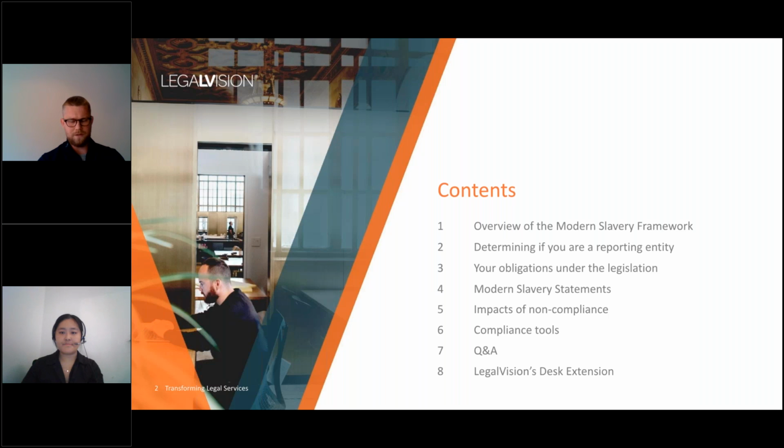We'll run you through modern slavery statements, which is a key part of your obligation. What happens if you don't comply? So what's at stake here? And then some tools for compliance, how you might set up a framework for ongoing compliance with this legislation, because it's certainly something that is here to stay.